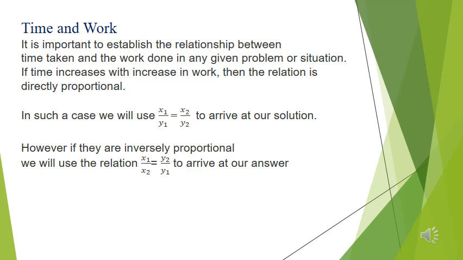Similarly, if we have to do a particular work in less time, we need more manpower, more workers. So time and work is related to direct proportion, and time and speed is related to inverse proportion. There is a condition for time and work.